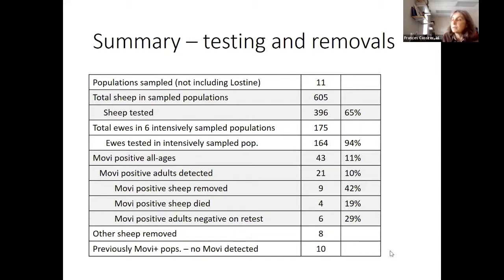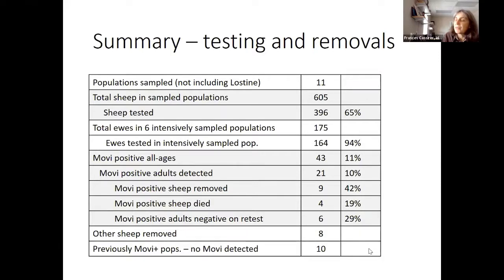And then we removed 9 of them. So in the whole study, we removed 9 sheep out of 396, 2% of the sheep that we tested. And we also removed other sheep that were for our research.